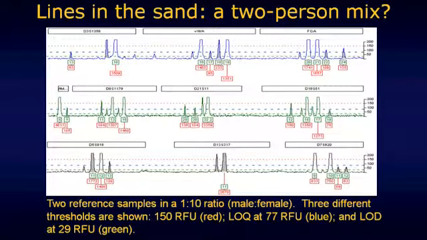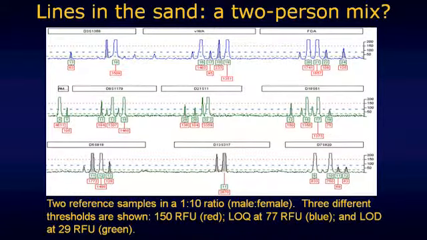But I'll tell you what else. If you are willing to drop the line to a limit of quantitation, this dashed bluish line, or to the limit of detection, you know what happens? Suddenly this moves from being a single source sample with peaks that could only have come from one individual, the female, to now being an obvious mixture, a mixture with a major contributor and a minor contributor.